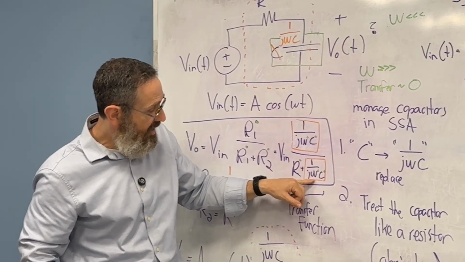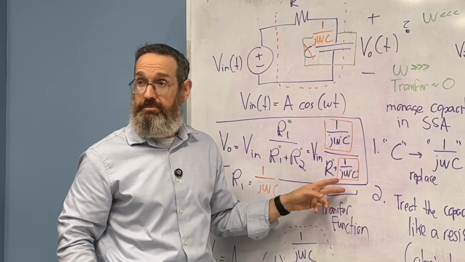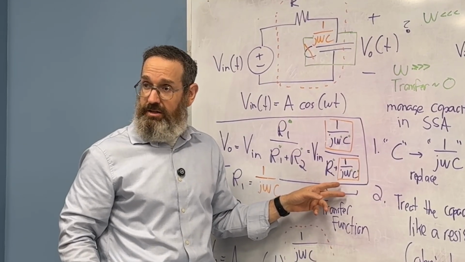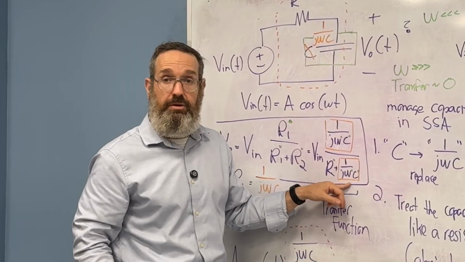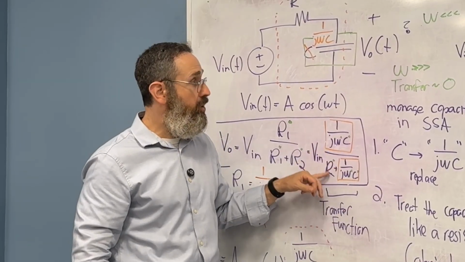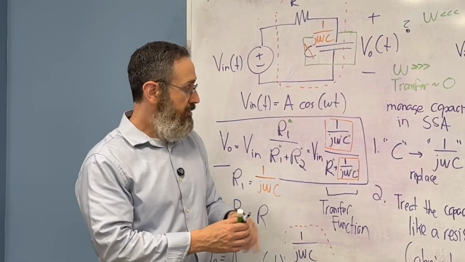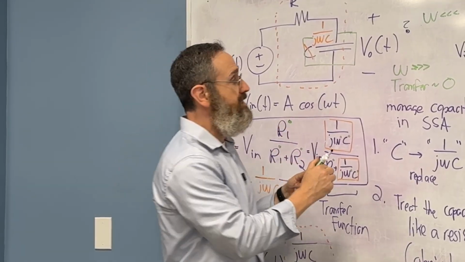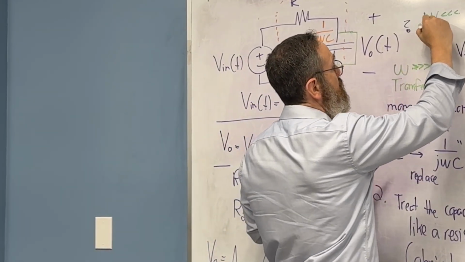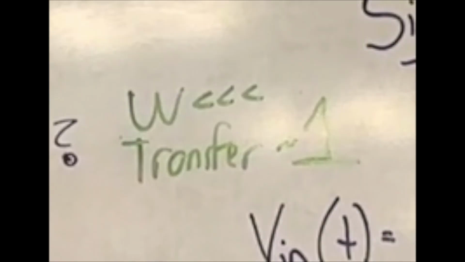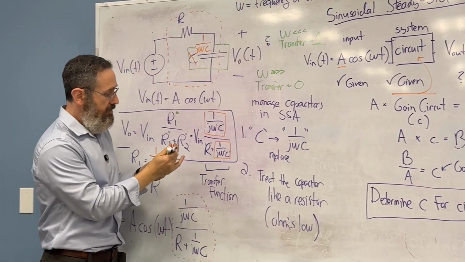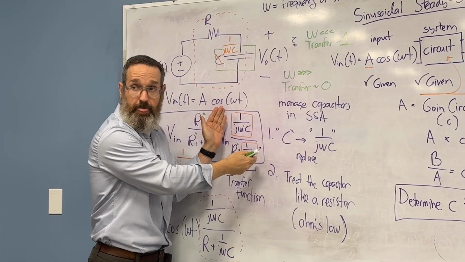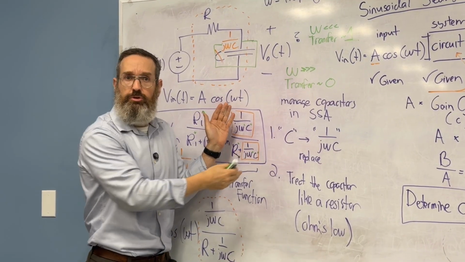And so I have like a billion over R plus a billion, which means that the transfer function is about 1. This term here becomes 1.